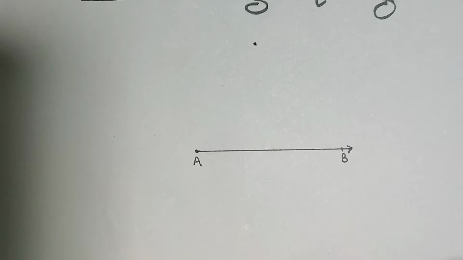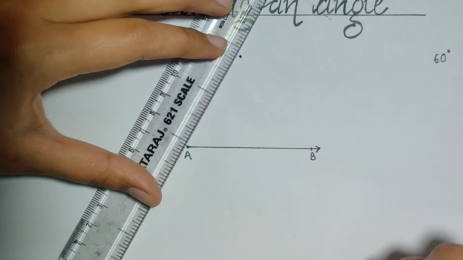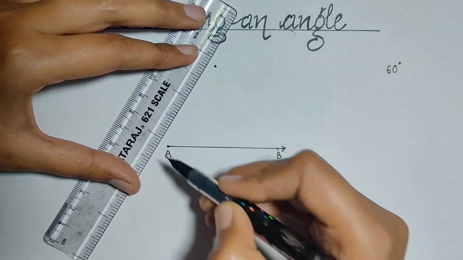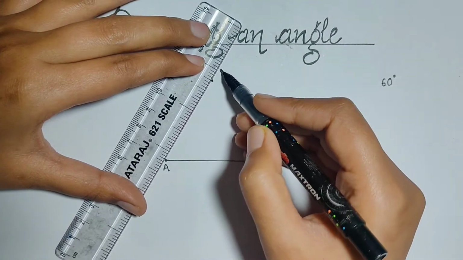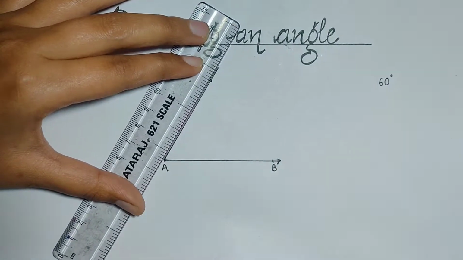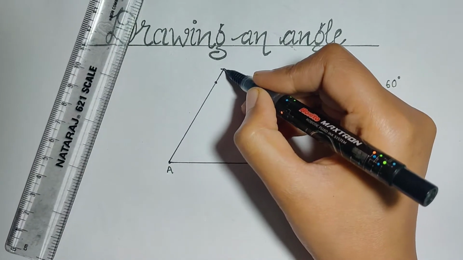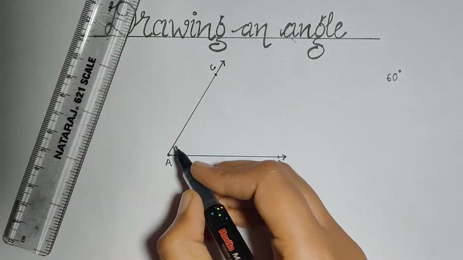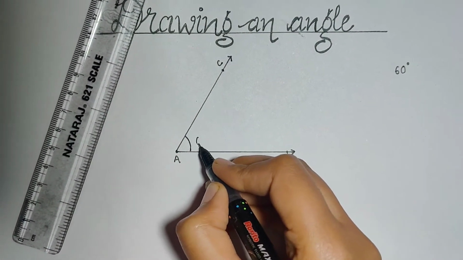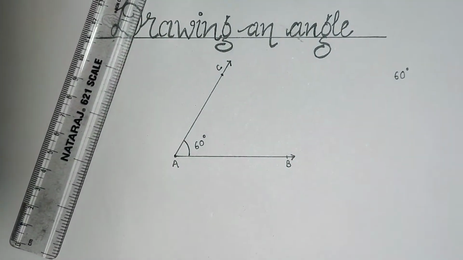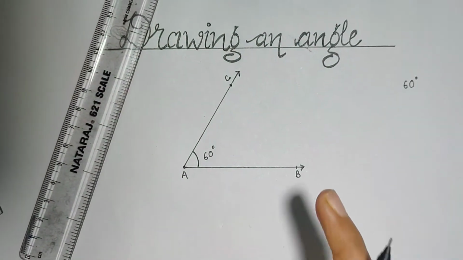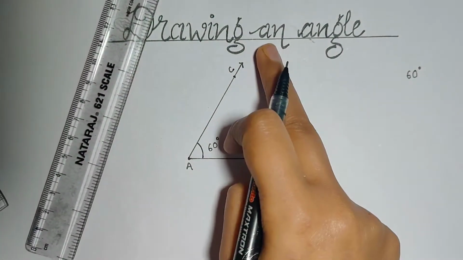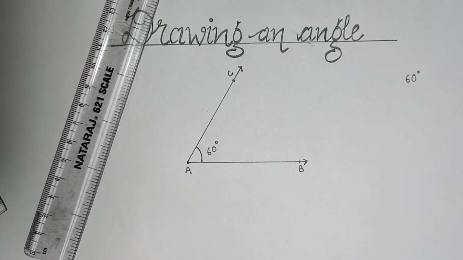Now remove the protractor and draw another ray joining this point and point A. This will be another point C, and you have got an angle of 60 degrees. Now you can see that angle BAC measures 60 degrees.